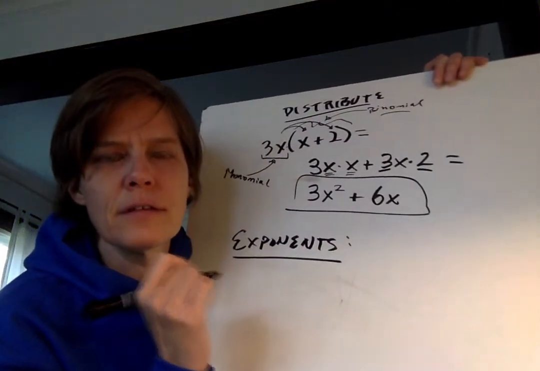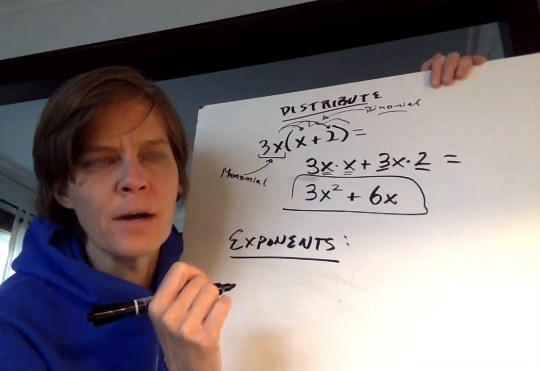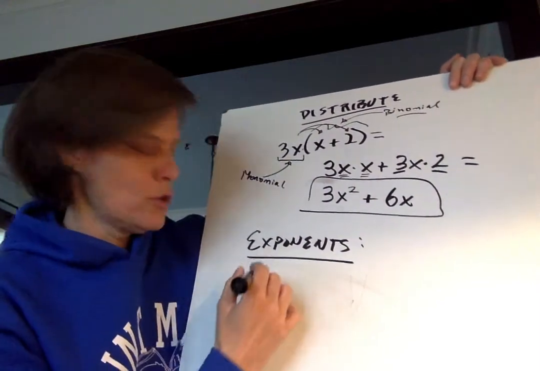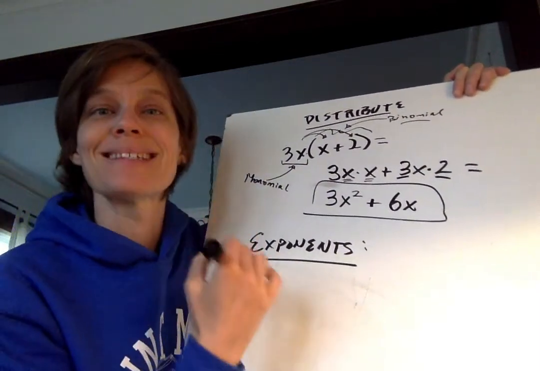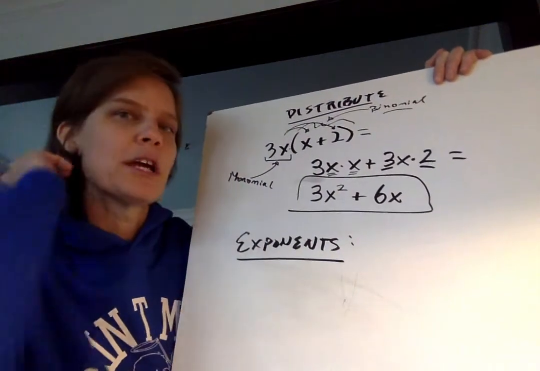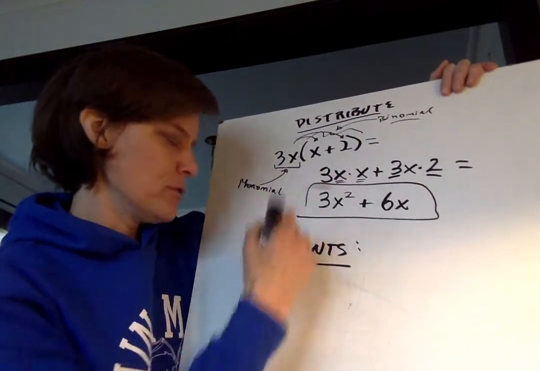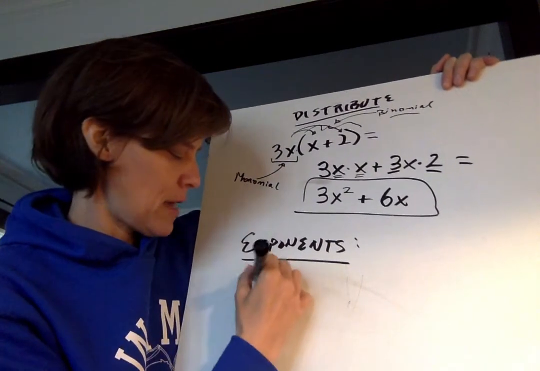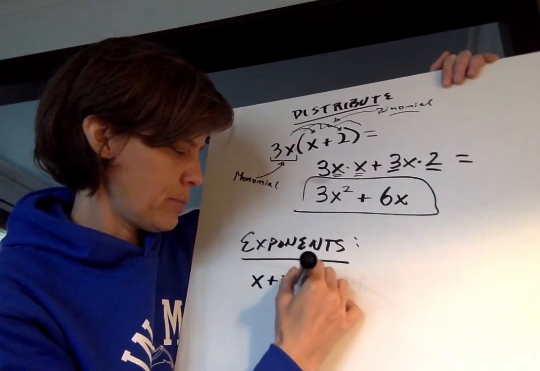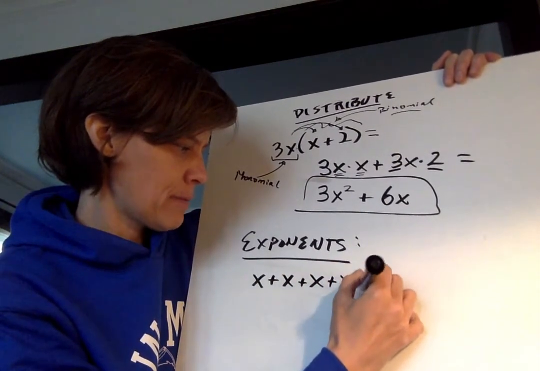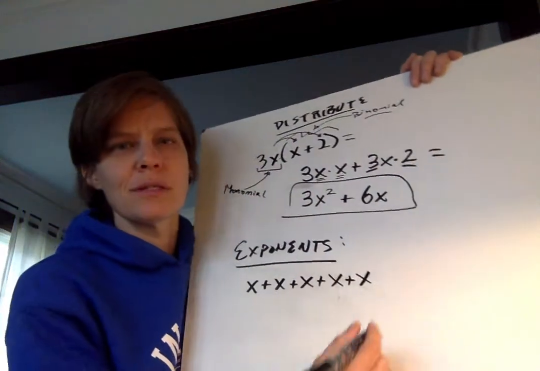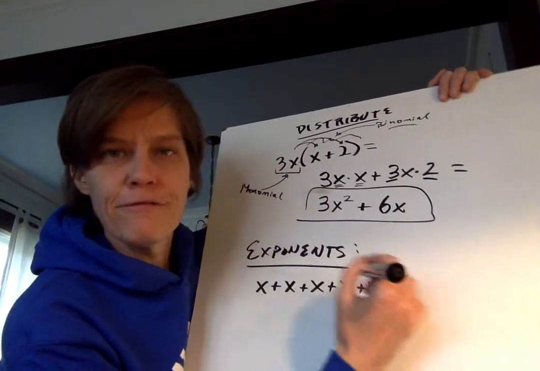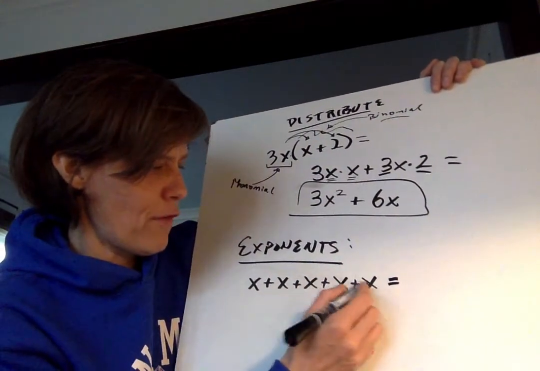So let's take a second to talk about exponents. The same way that multiplication is batched addition, exponents are batched multiplication. So if I have, we'll use variables this time because it's algebra class, X plus X plus X plus X plus X. I don't want to do this forever, so I would just say I am adding X 5 times, right? 1, 2, 3, 4, 5.